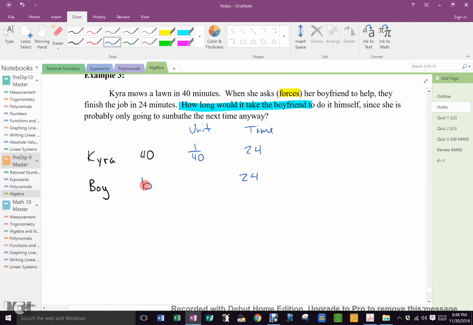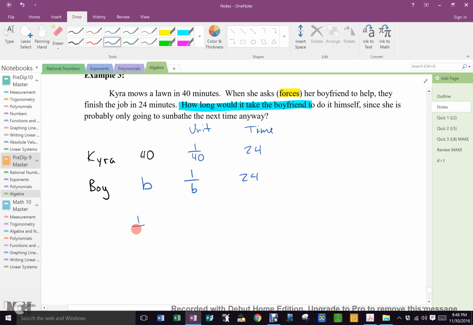So sorry. The unit rate here is 1 over B, because we don't know how long the boy takes, right? So now we do know, however, the time they both take.